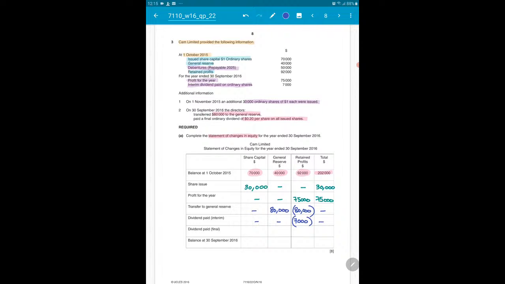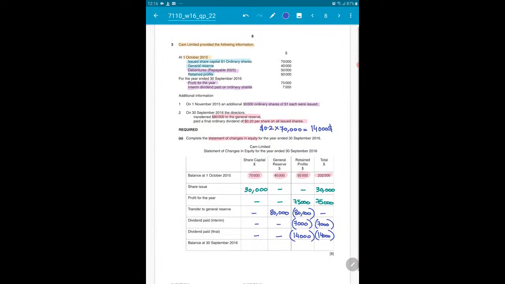As it says it is 0.2 per share, so it will be 0.2 multiplied by the number of shares, that will be 70,000. So it will be 70,000 times 0.2, that will be $14,000, and that is the final dividend that we have paid by the company to the shareholders. So this will be 7,000 in total subtracted and 14,000 total subtracted from here.